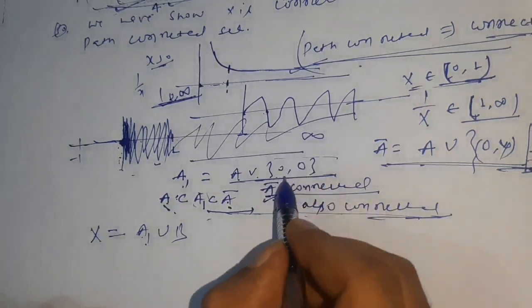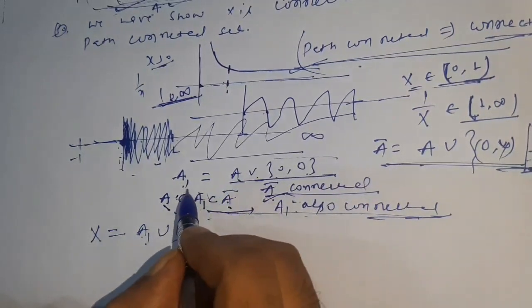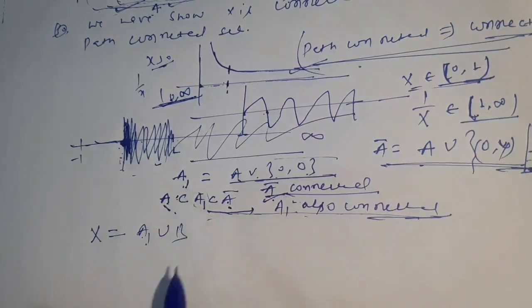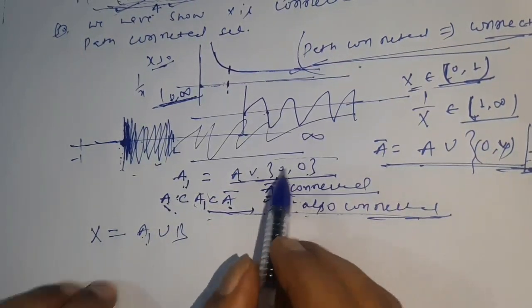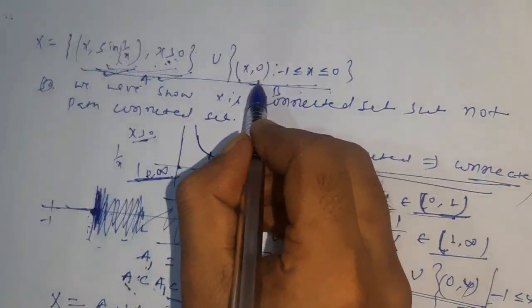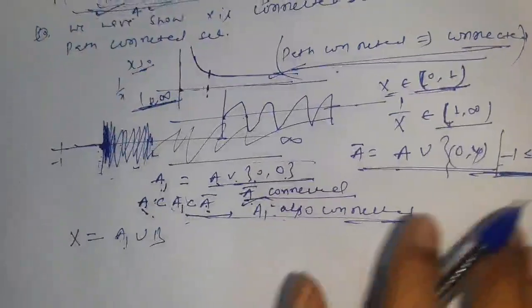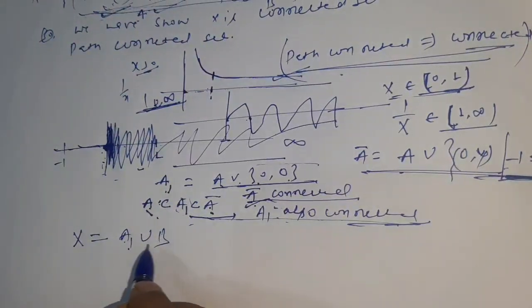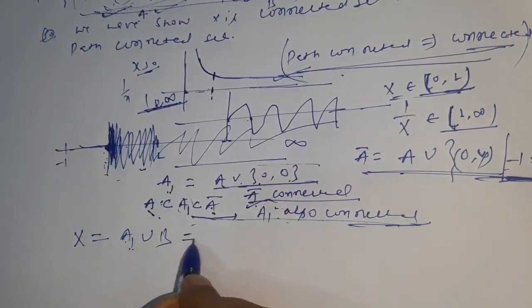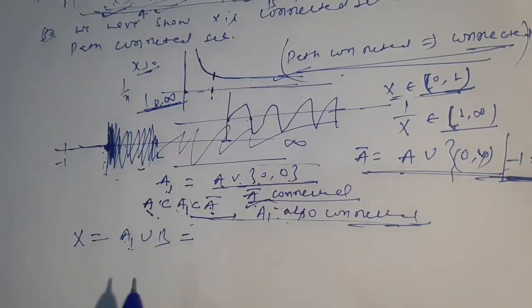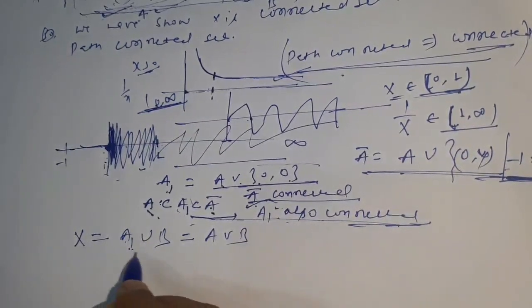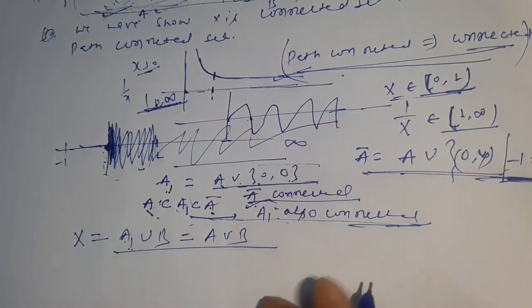If you include (0, 0) to A, this will become A1, and keep in mind, the origin (0, 0) belongs to this set. So it will also equal A union B, no difference.